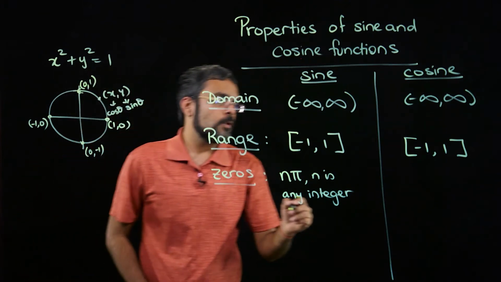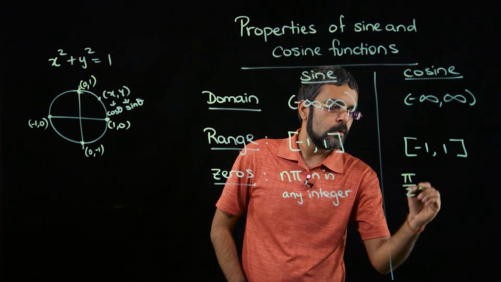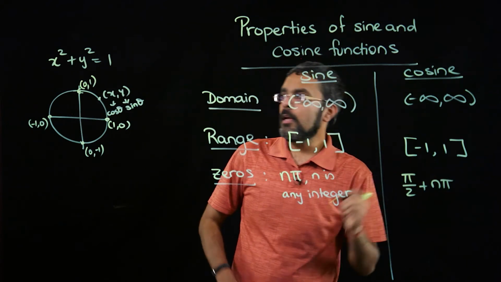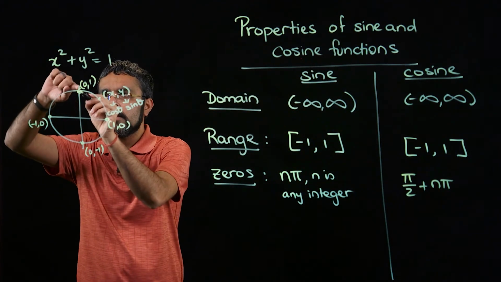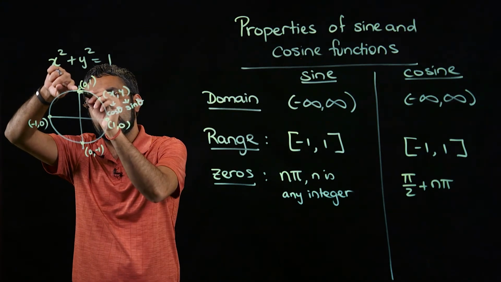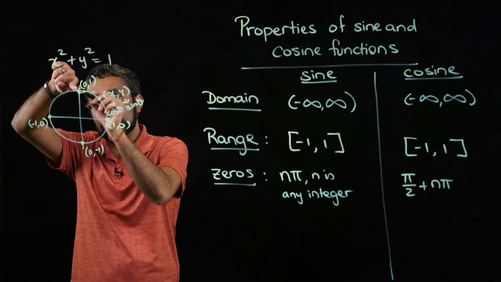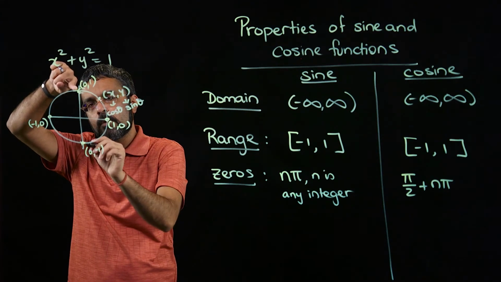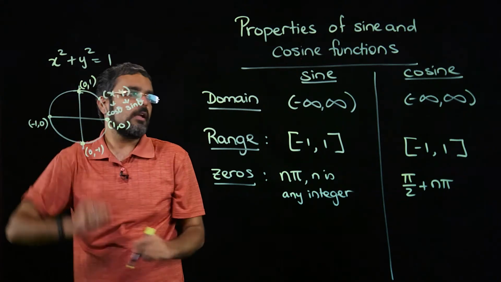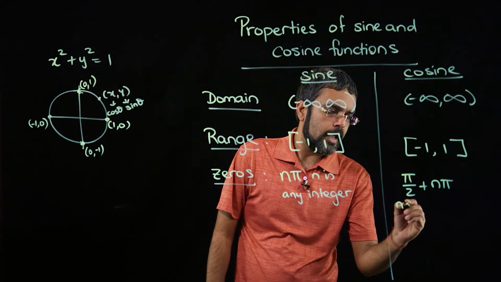So basically, the zeros of cosine are pi over 2 plus n pi. Pi over 2 is here. Add a pi, I come here. Add 2 pi, I come back here. Every time I add a pi to pi over 2, I end up at one of these two points. So this is pi over 2 plus n pi, where again n is an integer.